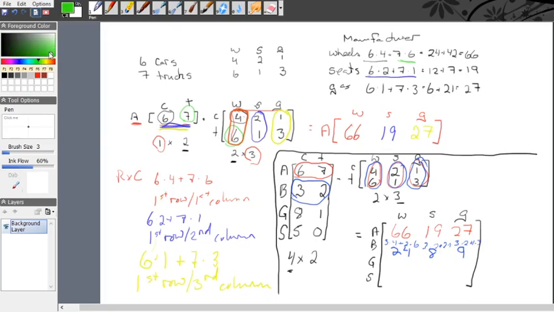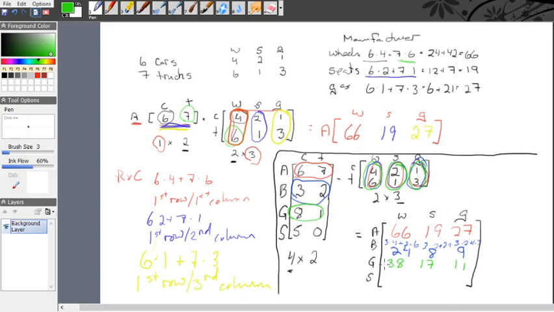And now we move to the next, Guyash. 8 times 4 plus 1 times 6. I'm going to do the working in my head: 8 times 4 is 32, plus 1 times 6 is 6, so 38 wheels for his order. 8 times 2 plus 1 times 1, 16 plus 1 is 17. 8 times 1 plus 1 times 3 is 11.